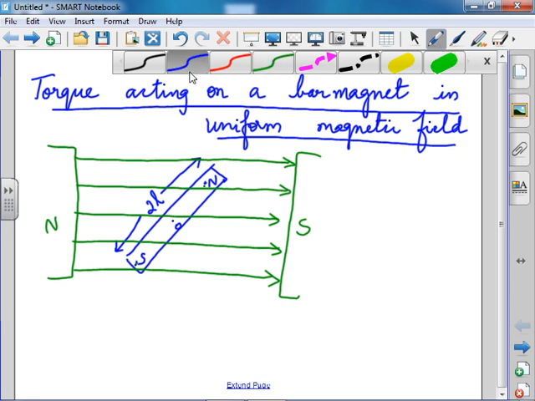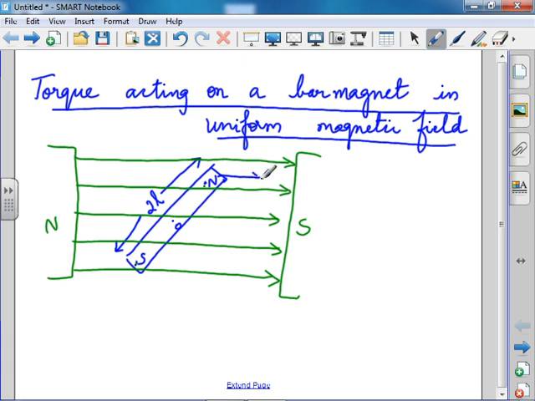Here the north pole experiences a force along the direction of the magnetic field because it is attracted towards the south pole. Its magnitude is given by QM B. In electric field you have studied, no?